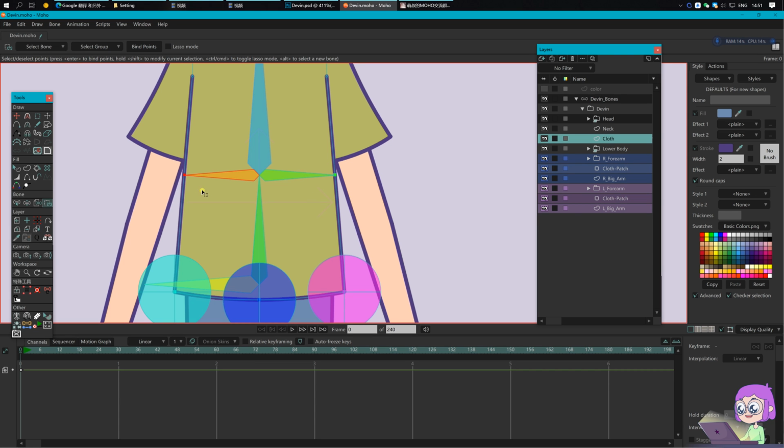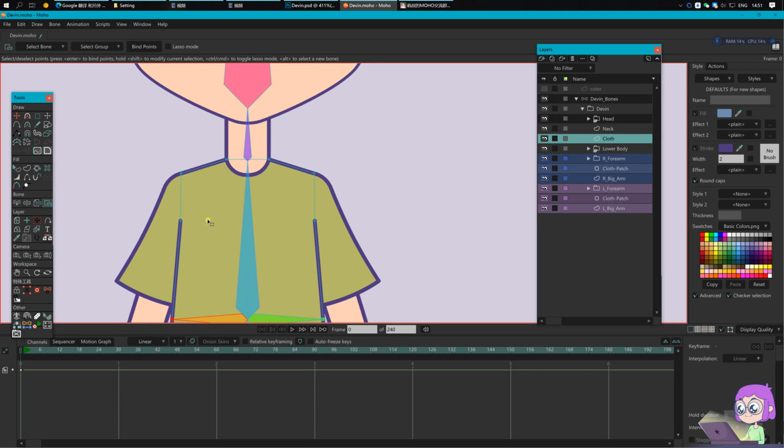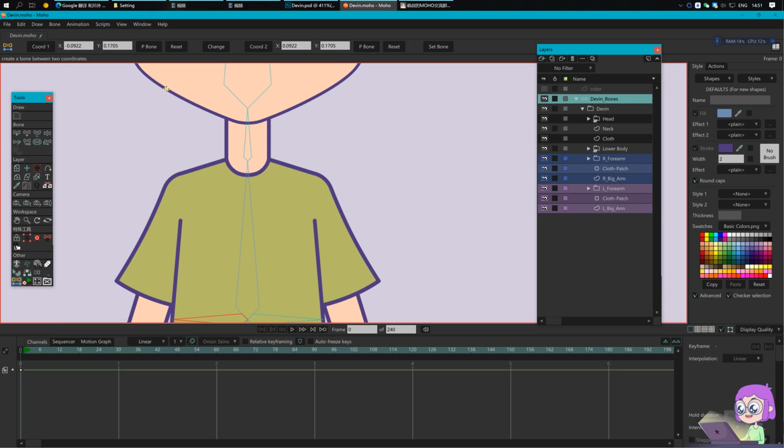Then bind points on the clothes. The armpits on both sides also need to be added separately to control the bones.